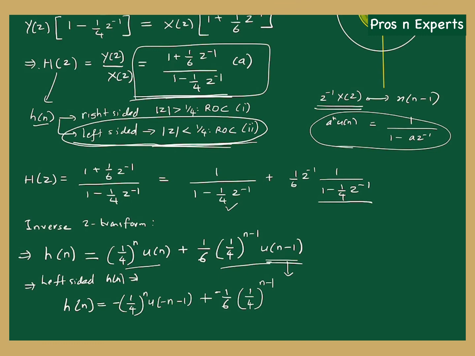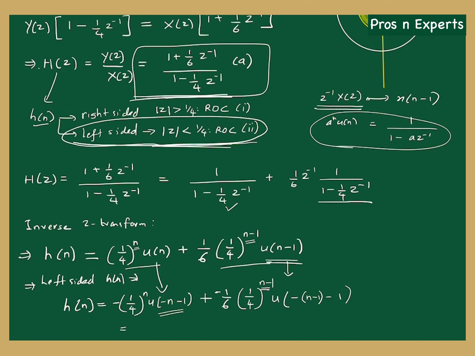You have to take note that it was u of minus n minus 1 because the index was n here. But now the index is n minus 1 here, so it is unit shifted, so u of minus of n minus 1 minus 1.